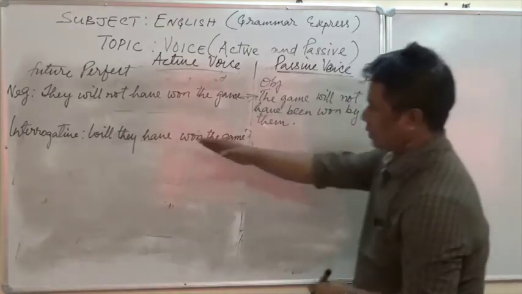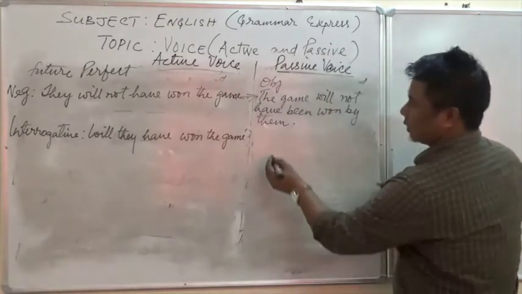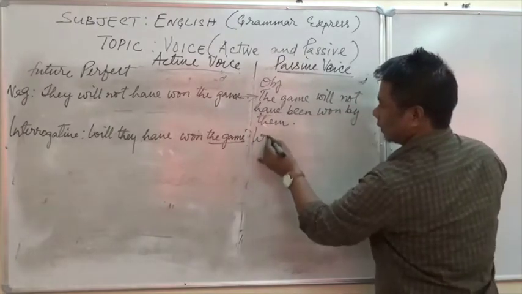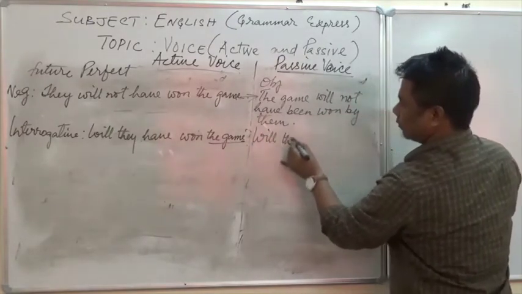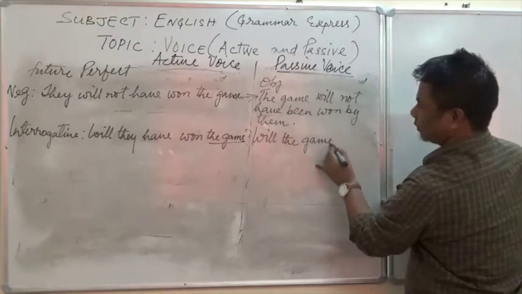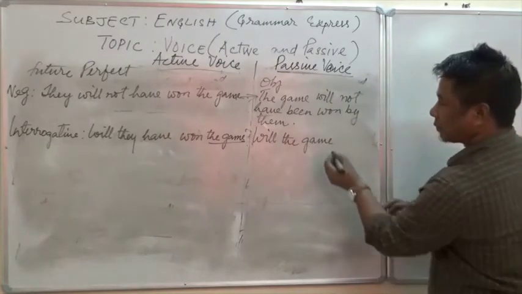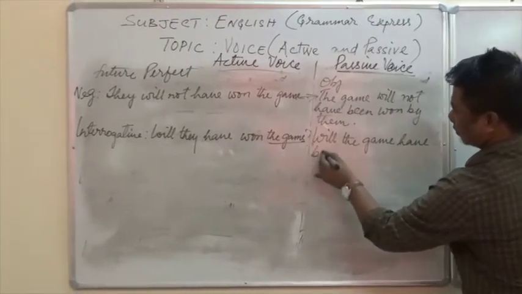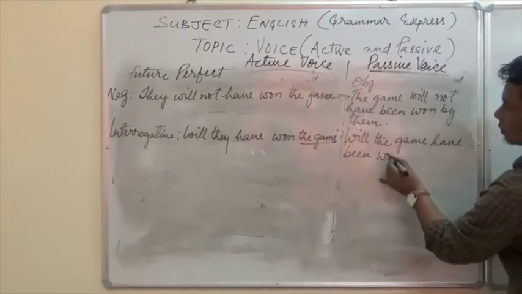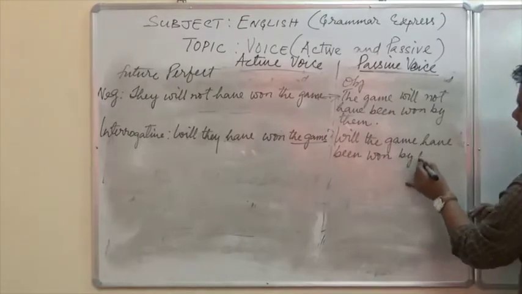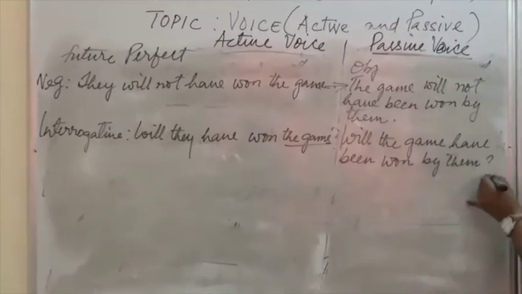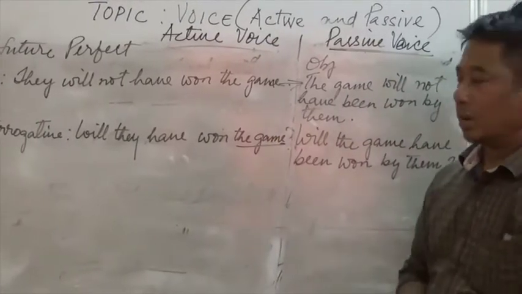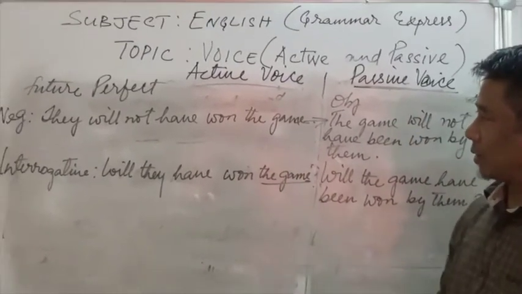Then if it is an interrogative sentence, since it is a question, will the game have been won by them? So here we have the last tense, that is future perfect tense.